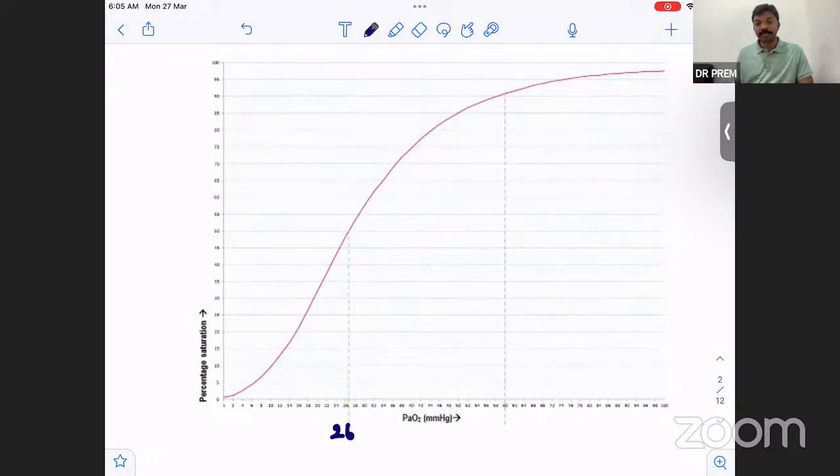At about a partial pressure of 26.7 millimeters of mercury, you are getting a saturation of 50% of hemoglobin. So exactly 50% of hemoglobin, in normal health and normal physiology, gets saturated at a PaO2 of 26.7 millimeters of mercury.